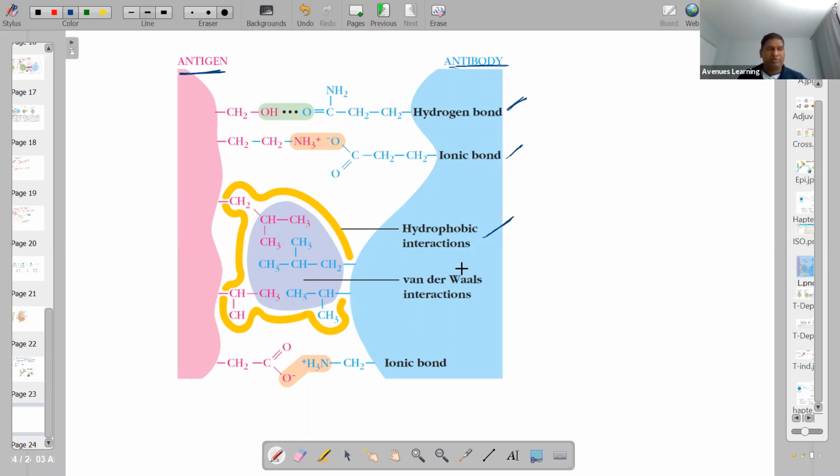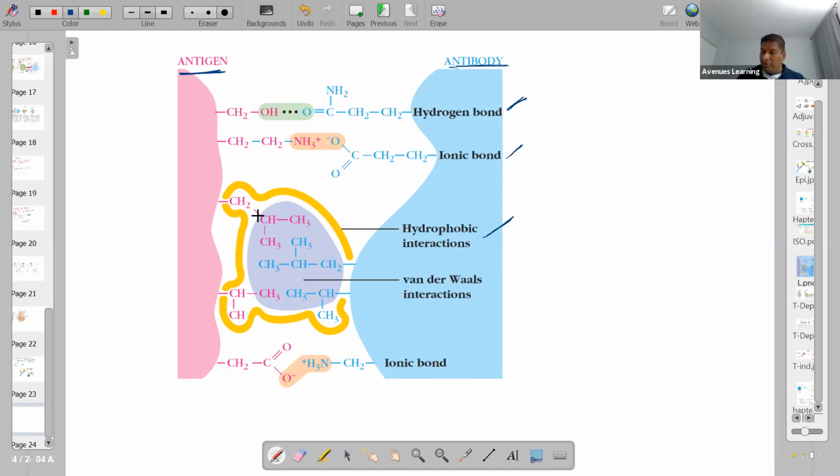Van der Waals interactions are non-specific weak electrostatic forces that occur between neutral molecules when they are closer together. Then there are certain other weak electric forces between neutral molecules also, and of course the same ionic bond shown here again.